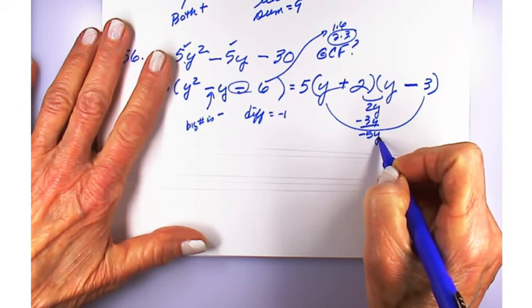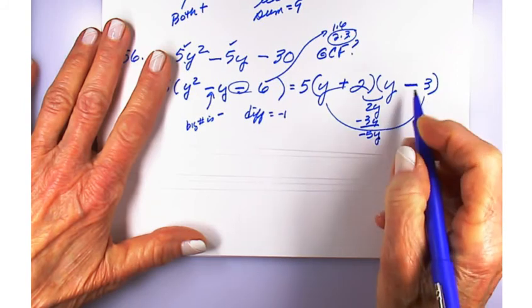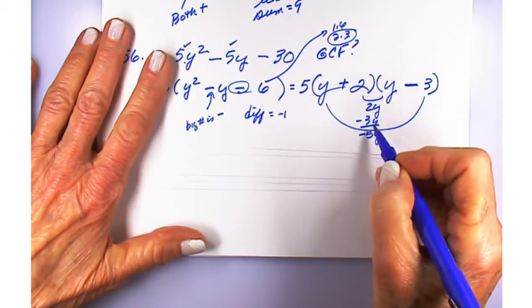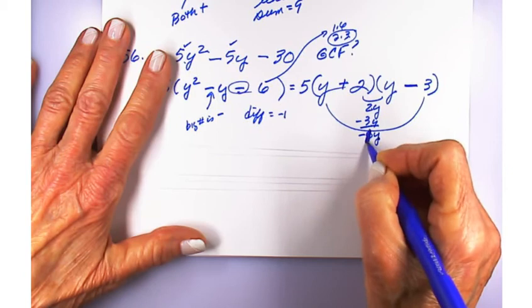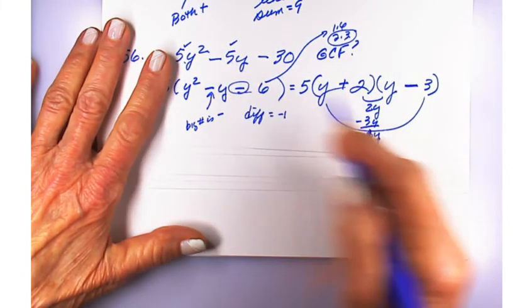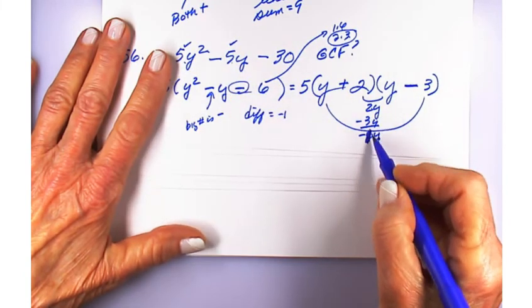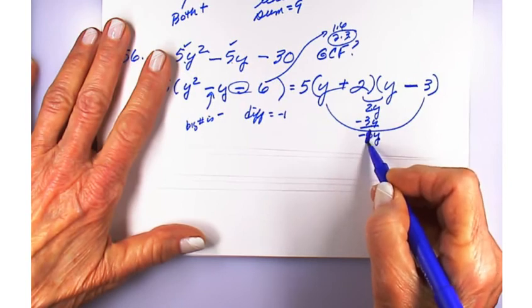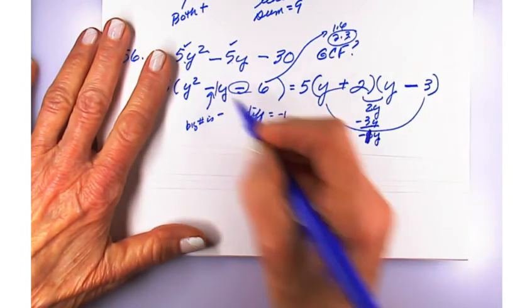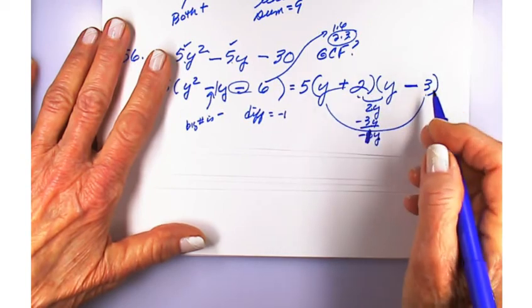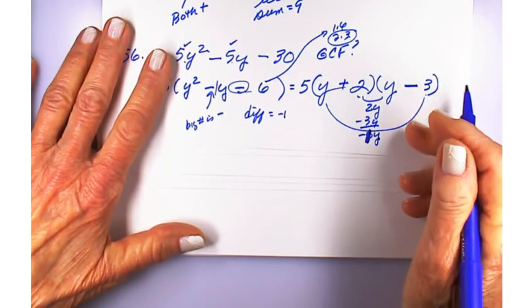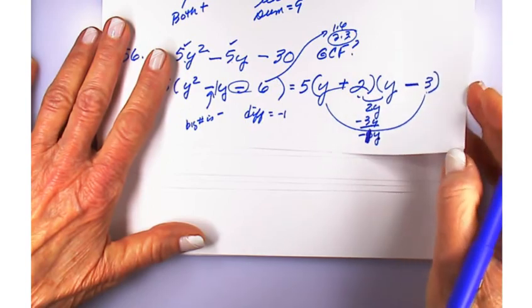Wait a second. What am I doing here? I have minus 3y plus 2y is minus 1y, which is what I want. I'm looking up here. We can't use 5. It's minus 1y. Okay, that's what we have here is 1y. So 3 minus 2 is minus 1. Well, it's actually 2 minus 3 is negative 1. Okay?